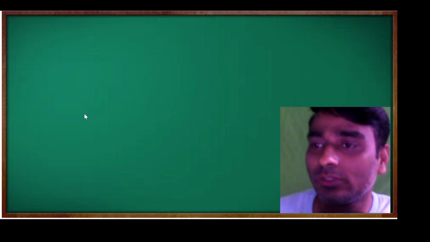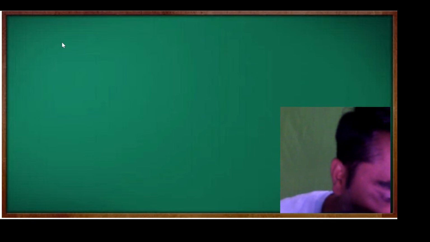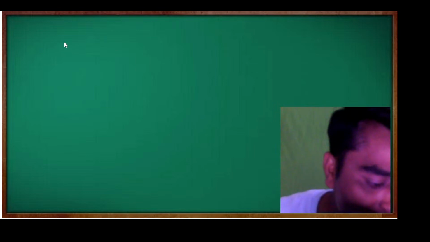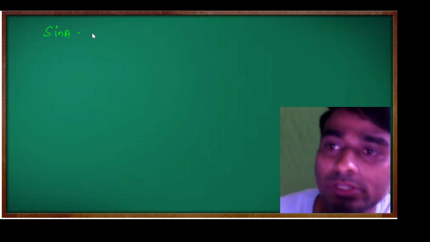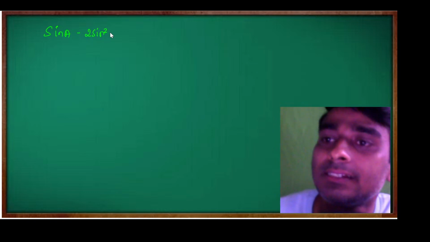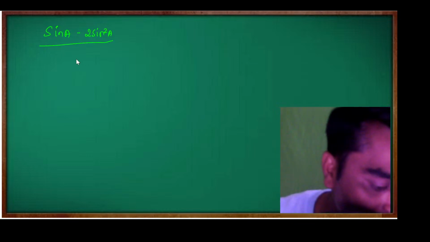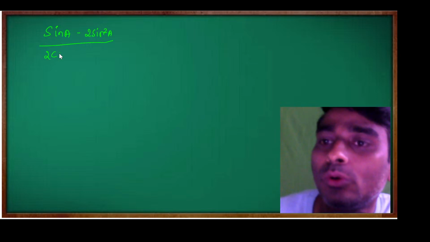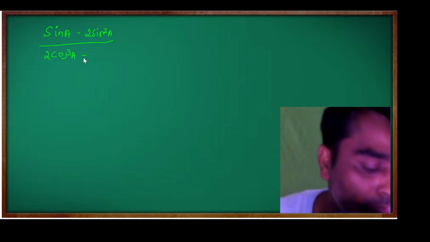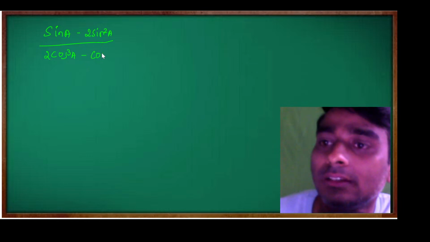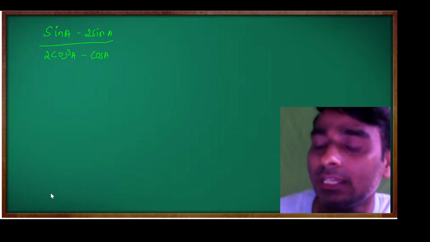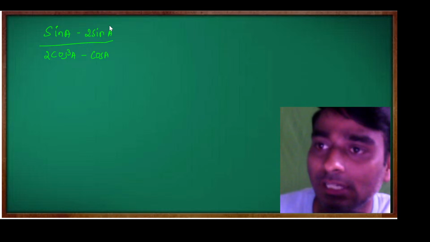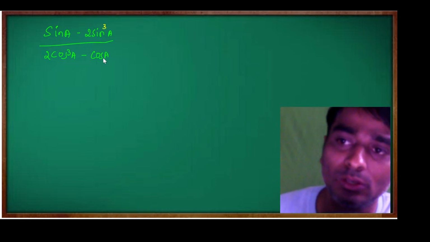Okay, let's take one more question from trigonometry only. Sin A minus 2 sin square A divided by 2 cos cube A minus cos A. I think this must be 2 sin cube A, not sin square A. I am thinking this is cos cube only, sin cube only.